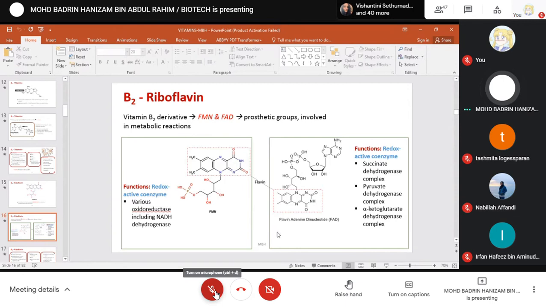So FAD is involved. Riboflavin, a vitamin B derivative in the form of FMN and FAD, is responsible for all these redox enzyme reactions in these complex pathways for energy production, the citric acid cycle, TCA cycle, and ETC.